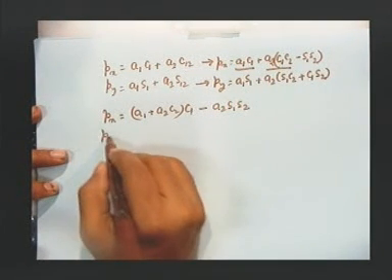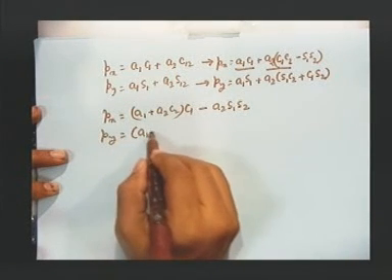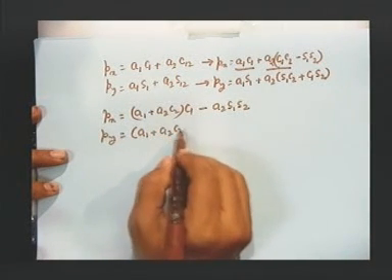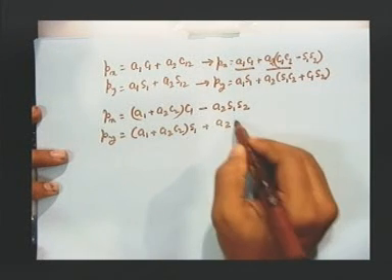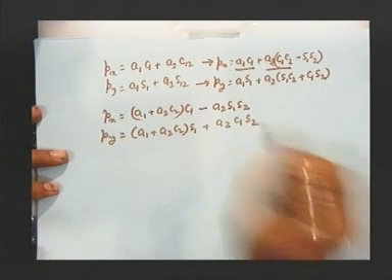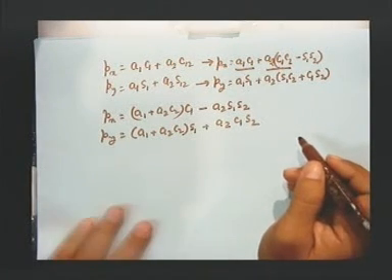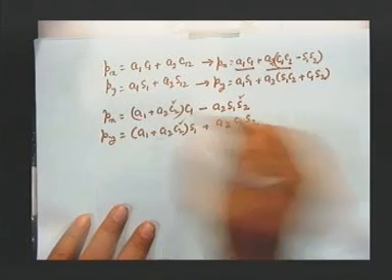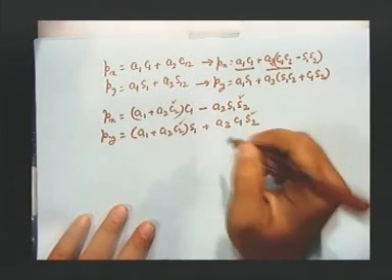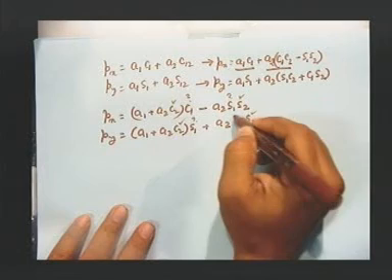And I get Py as A1 plus A2 cos theta 2 times sin theta 1 plus A2 cos theta 1 sin theta 2. Since I have already calculated sin theta 2 and cos theta 2 in my previous step, this is known to me. So now the only remaining parameters are cos theta 1 and sin theta 1.